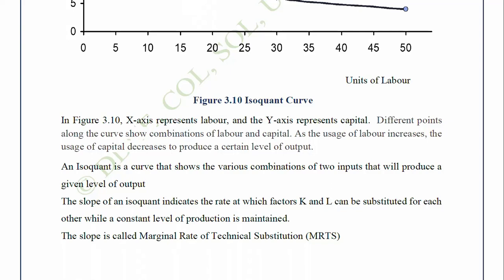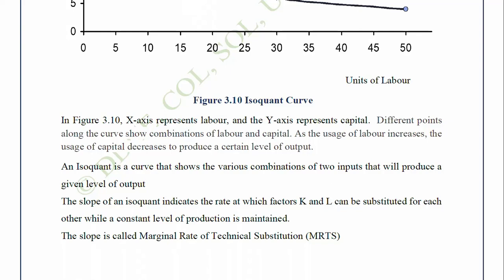An isoquant is a curve that shows the various combinations of two inputs that will produce a given level of output. The slope of an isoquant indicates the rate at which factors, capital and labor, can be substituted for each other while a constant level of production is maintained.